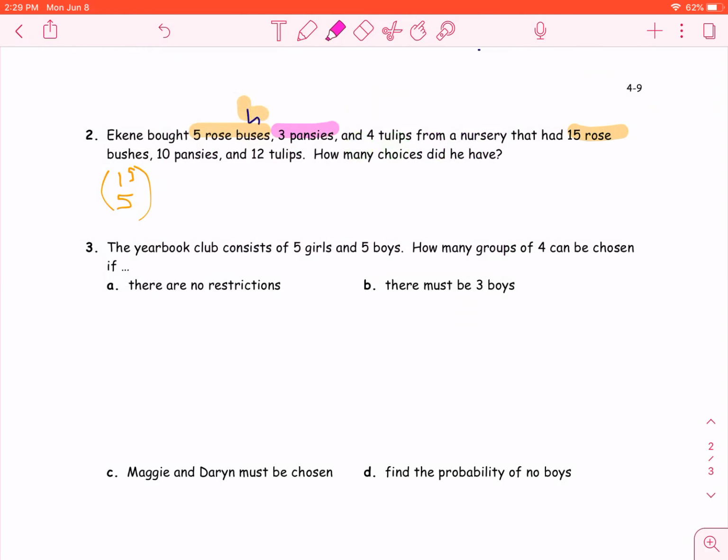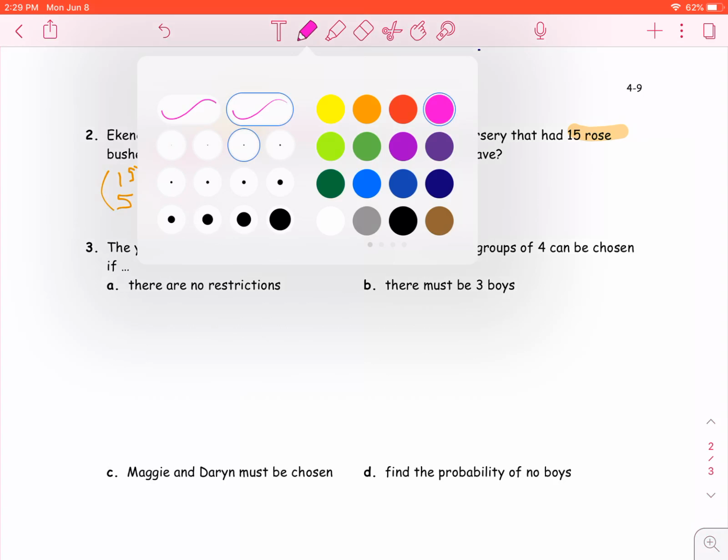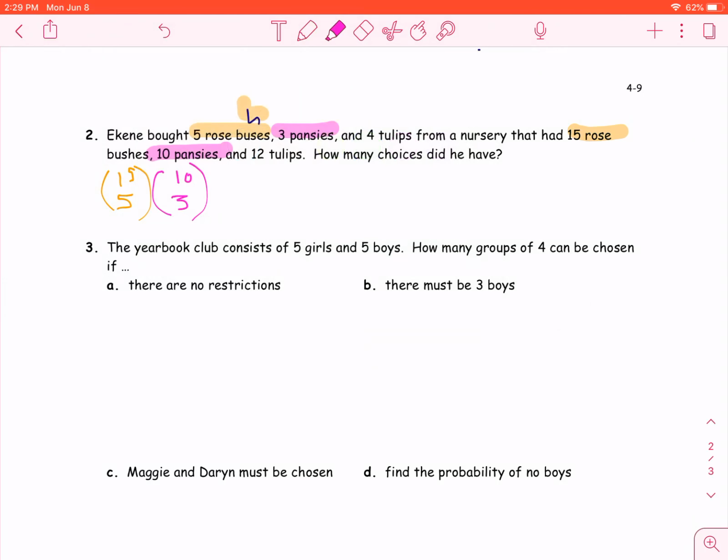3 pansies, he chose from 10. So it's 10 choose 3. And then last but not least, we can discuss the tulips. So 4 tulips from 12, 12 choose 4.